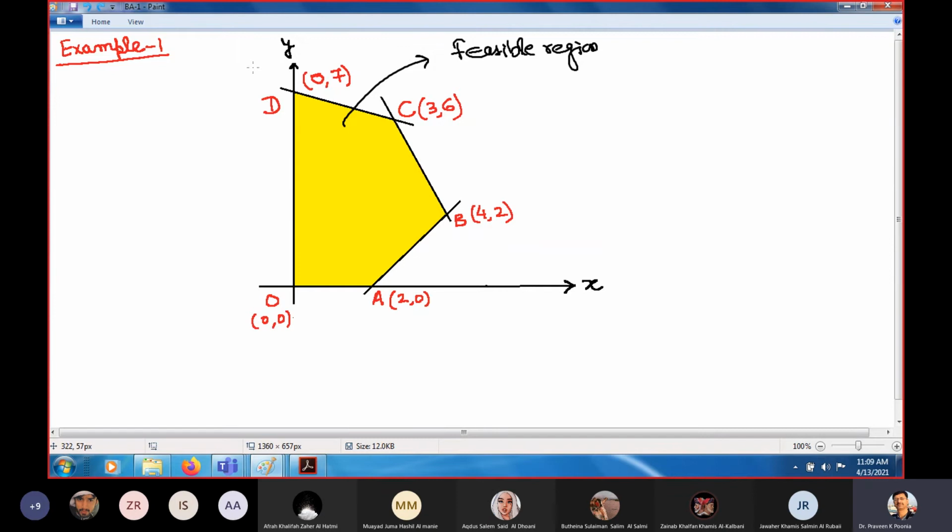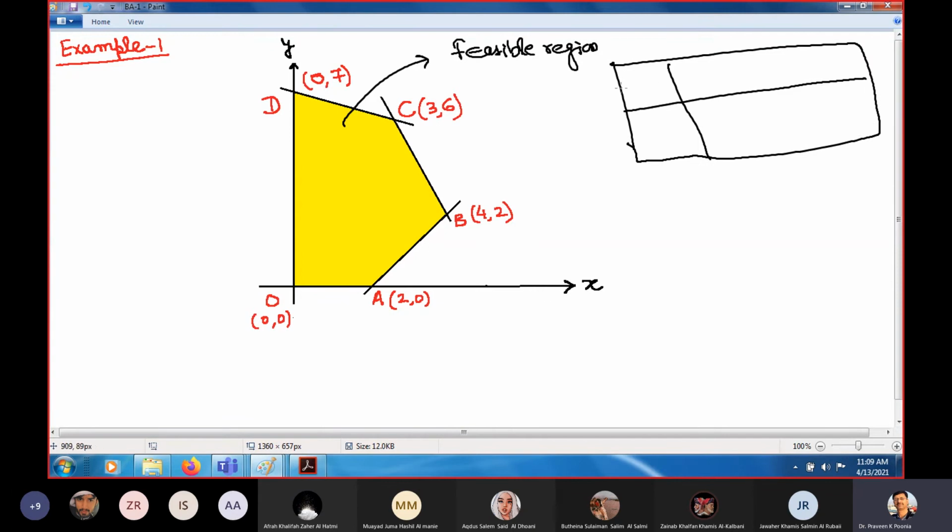In the exam, you will find the graph already made. Then you need to find the answer. The question is, you will find a table downside. They will write the vertices O, A, B, C, D. Now the Z value is there.